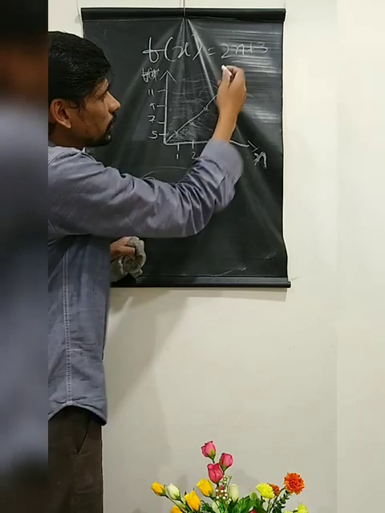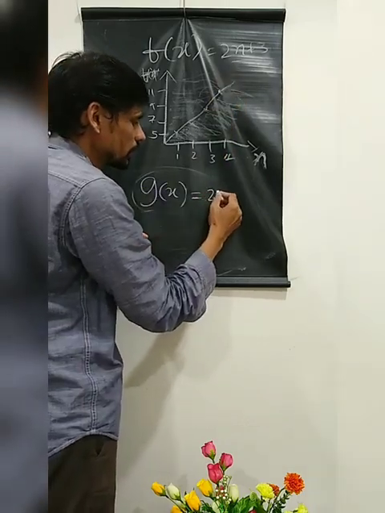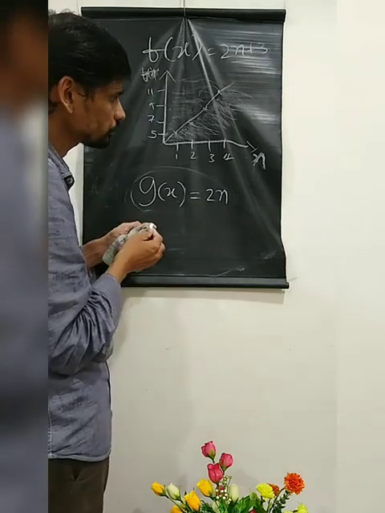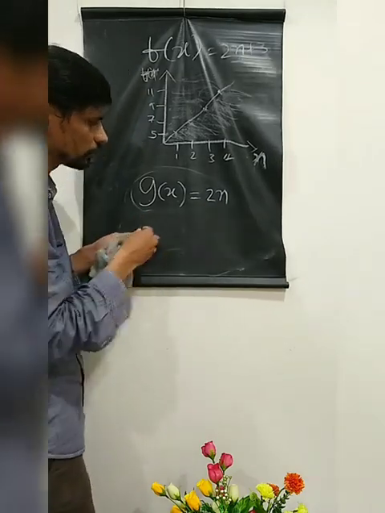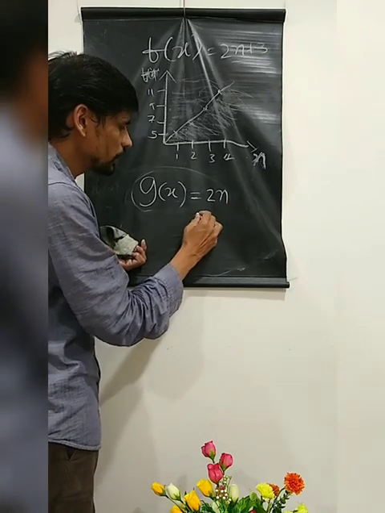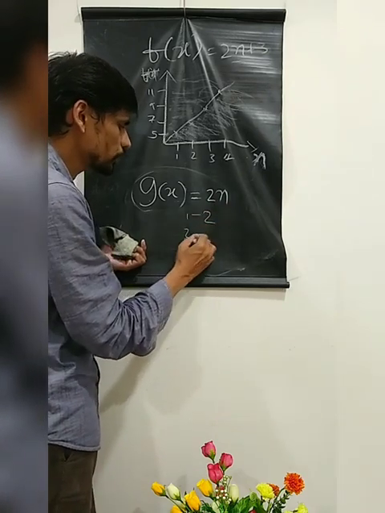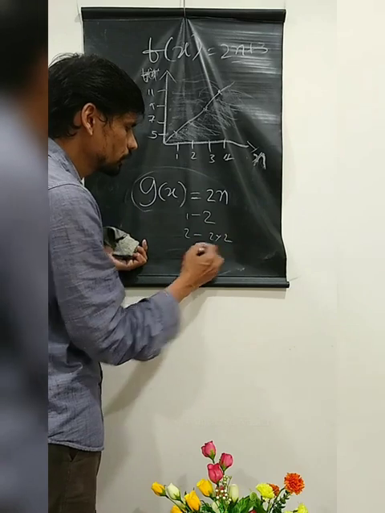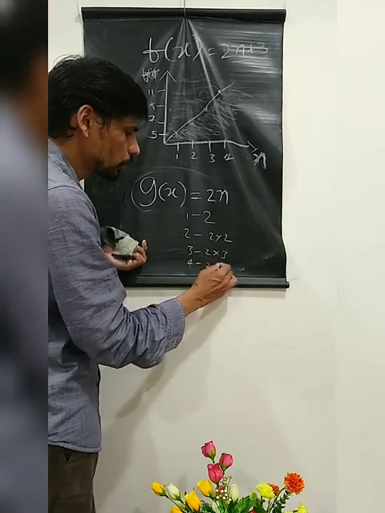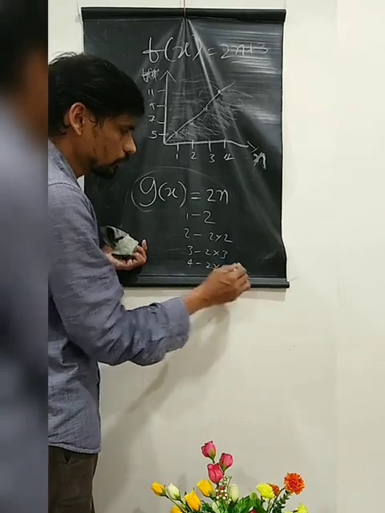So let's imagine 2n, just keep it like this. What will it give? If I place one value, for 1 it is 2, for 2, 2 multiplied by 2, for 3, 2 multiplied by 3, for 4, 2 multiplied by 4.